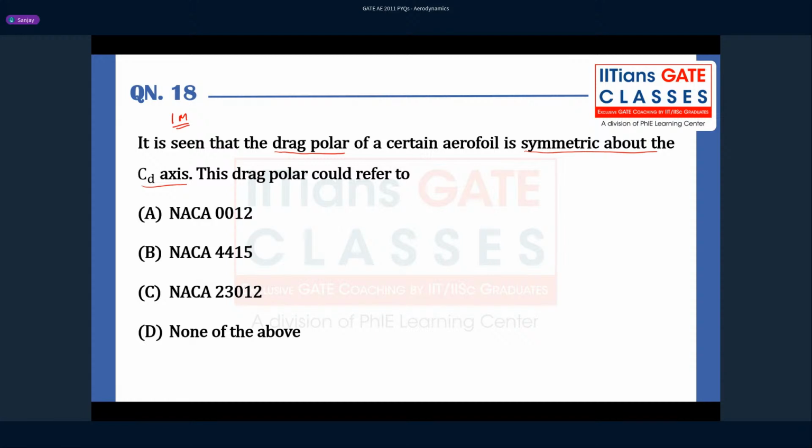Before understanding the question itself, let's look at the options and try to understand what types of aerofoils each of these options mean.